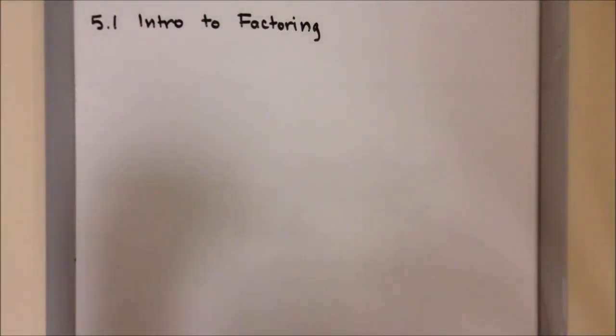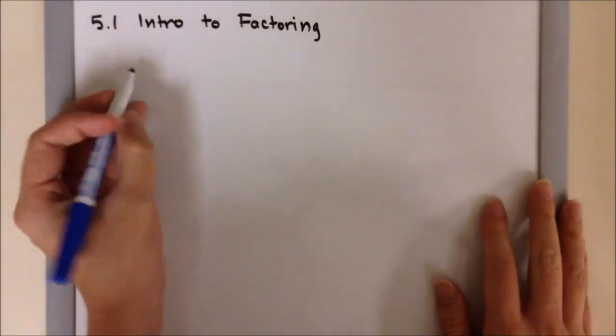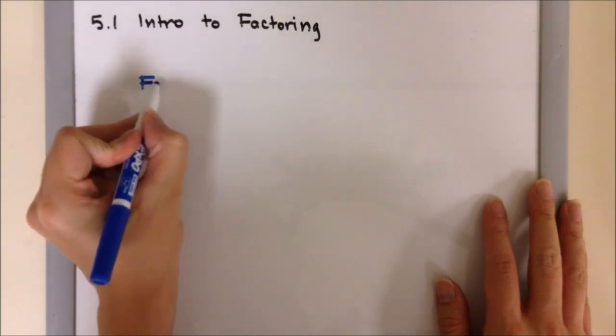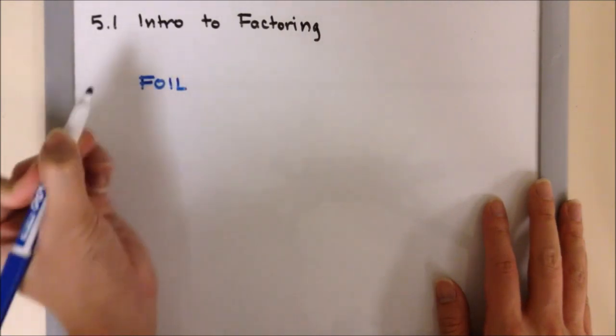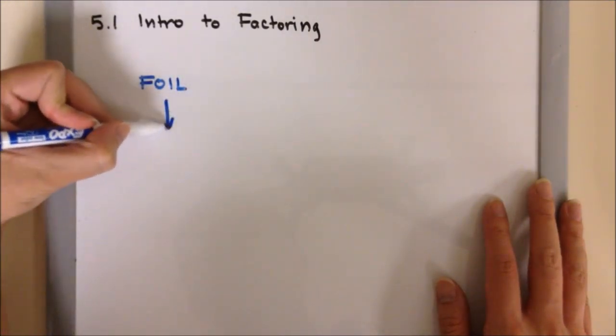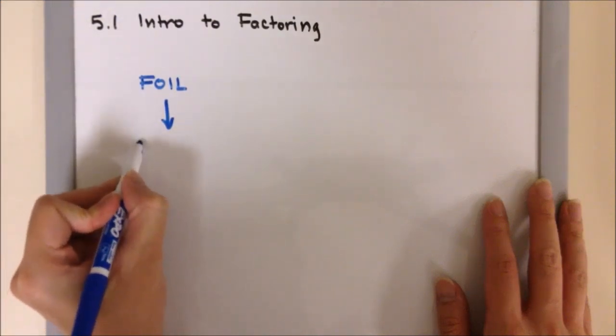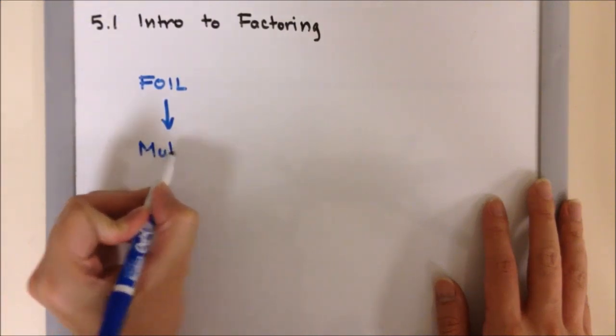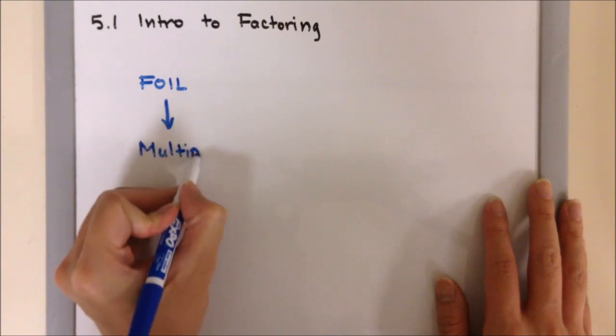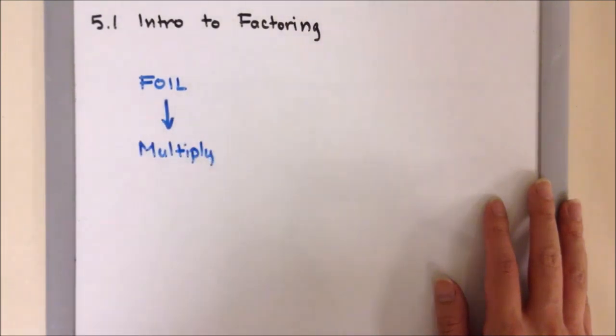So let me point out that FOIL basically means that you're multiplying. So again, the operation for FOIL is multiplying.